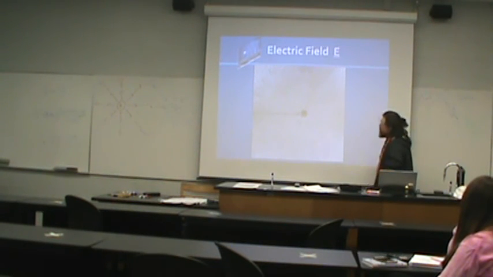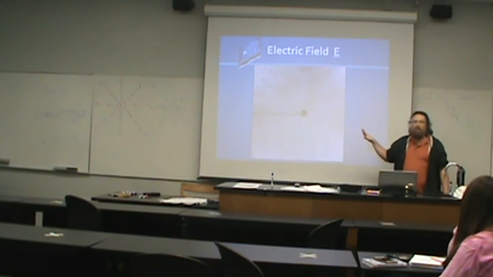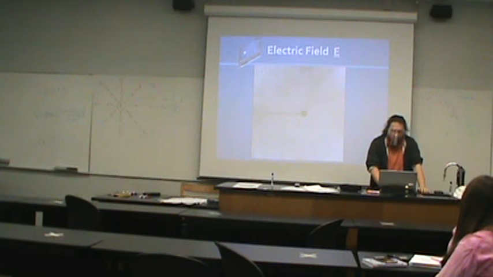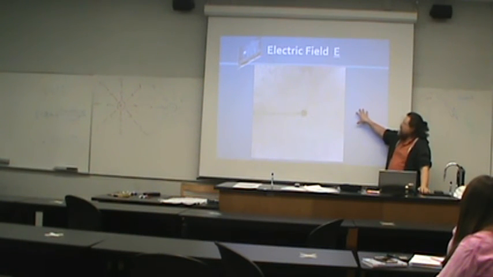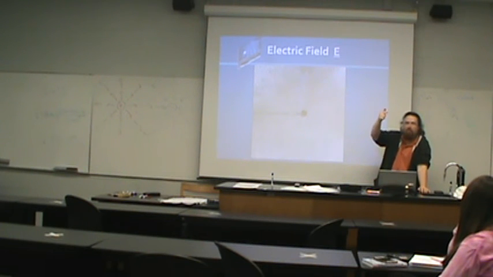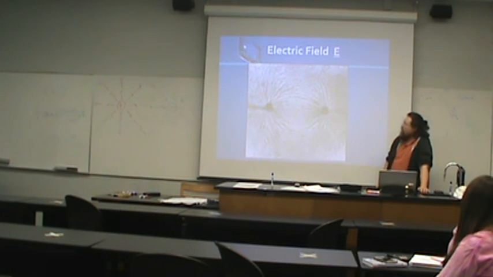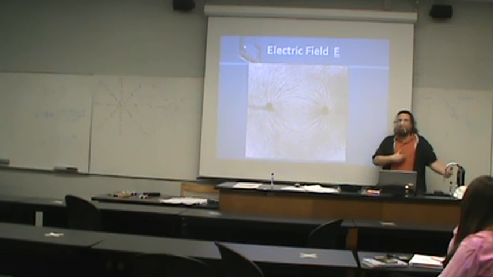This is just one rod with the current flowing into the board. They took a second rod, put it over here, and had current flow in the opposite direction, thus creating like a negative electric field, like an electron. And the image that formed showed field lines bending from positive to negative.